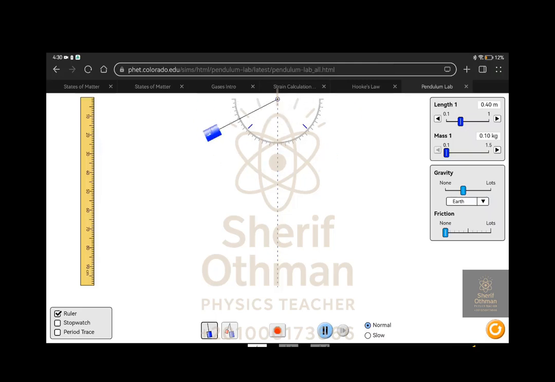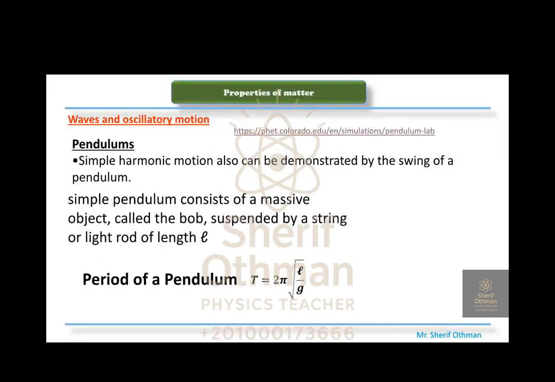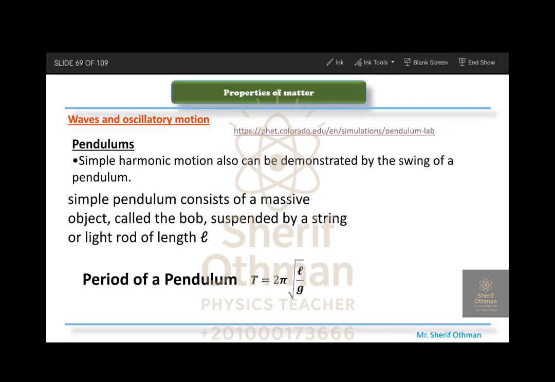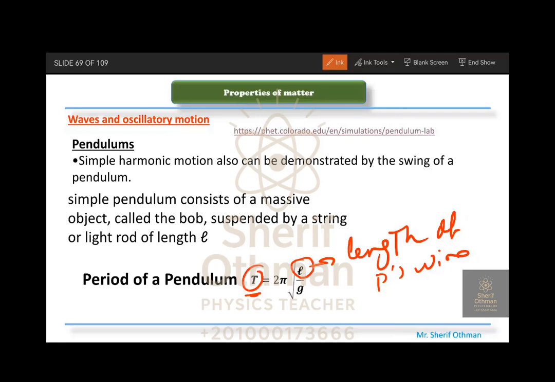The rule which we use to find the periodic time is T equals 2 pi square root of L over g, where L is the length of the pendulum wire. So as the length of the wire increases, the periodic time also increases. As the length of the wire decreases, the periodic time also decreases.